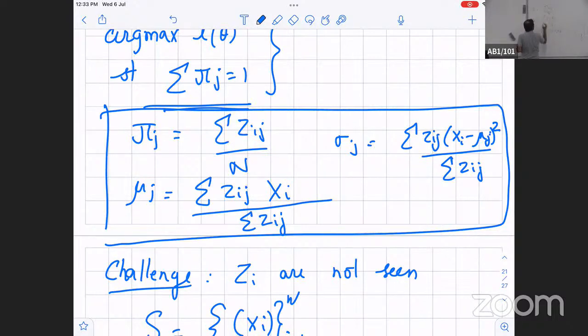This mu j hat is the same thing I'm using here, by the way. This is what we intuitively said we should do.